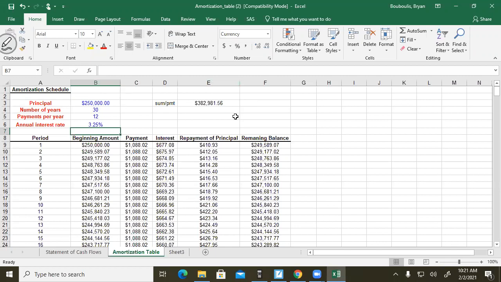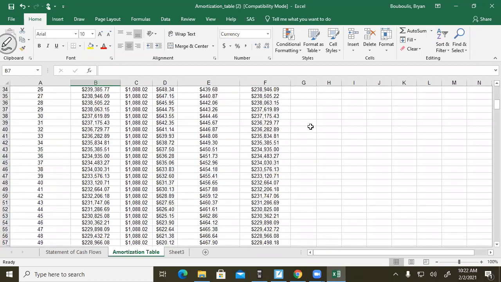This is why we say you never get a loan for a depreciating asset, because hopefully when you pay this $250,000 house off, the value of that house after 30 years is going to be worth more than the $382,000. That way you've got an asset worth more than what you paid for. A couple of things to take note of. Let's go down.